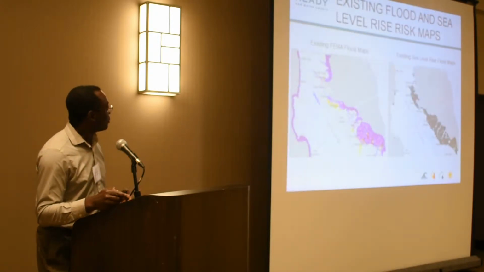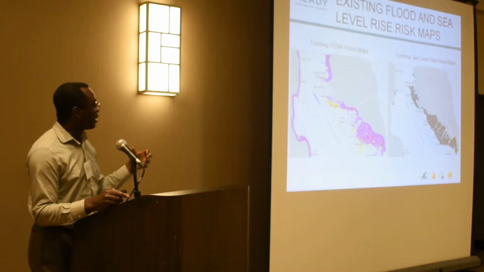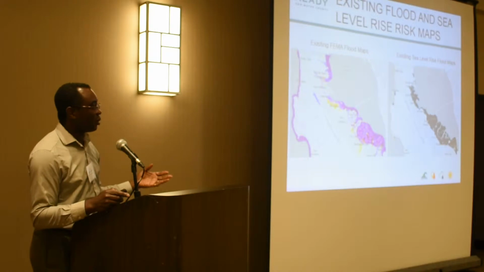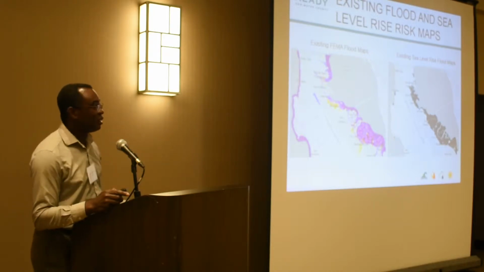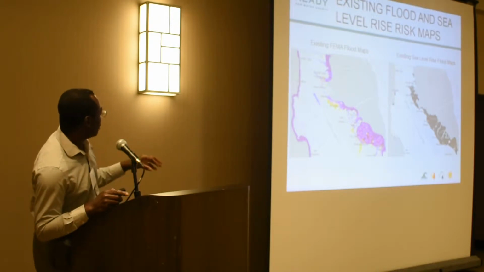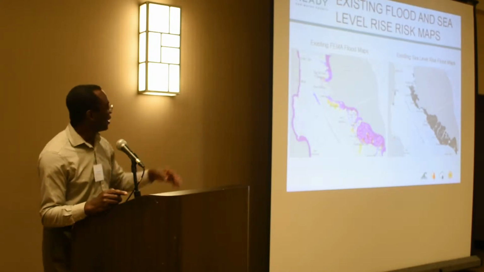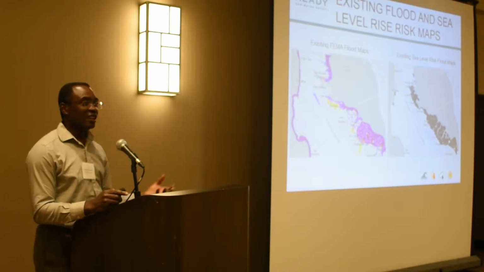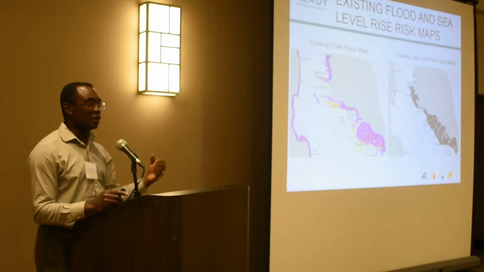Just to give you a sense of what the flood models look like, here's what existing flood models look like. The ones on the left are the FEMA 100-year flood models in purple, and those are based entirely on historical data. Nothing about what's coming, what the future looks like.